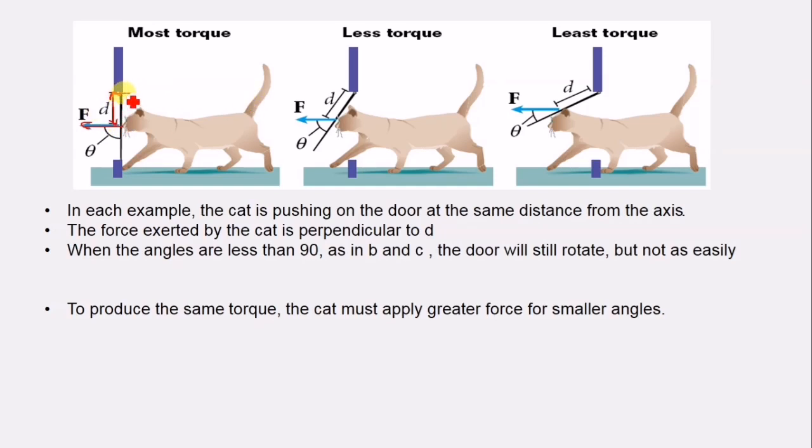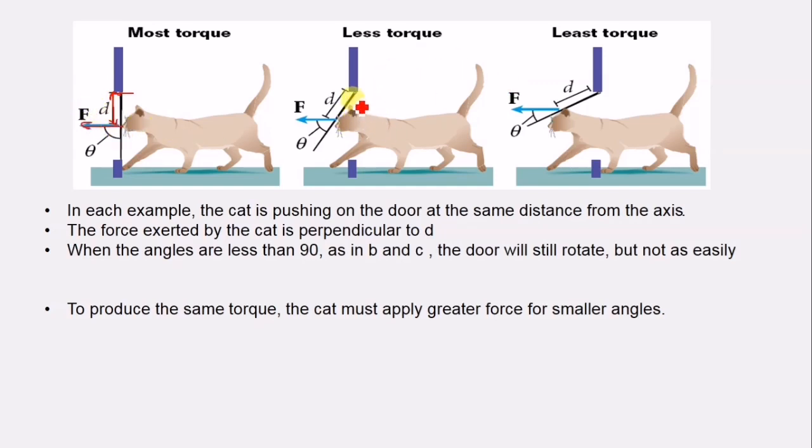Where is the pivot? Here, because the door is rotating freely around this fixed point. So this is the lever arm. Because it is perpendicular to the force, we have the maximum torque.